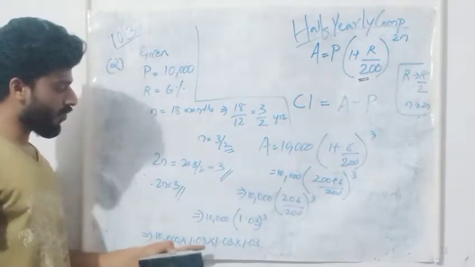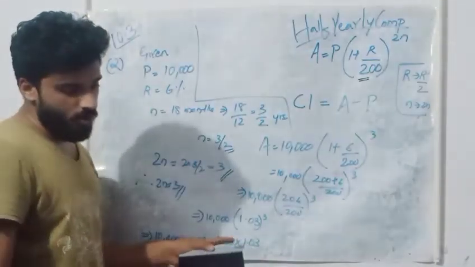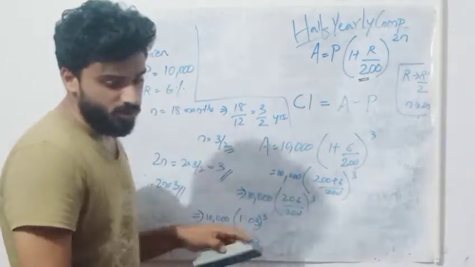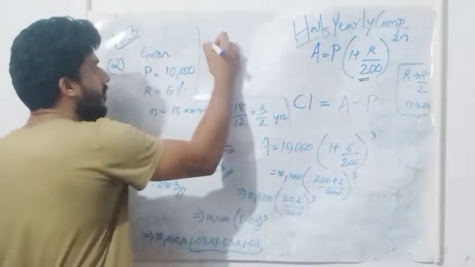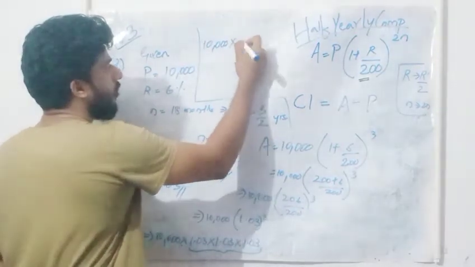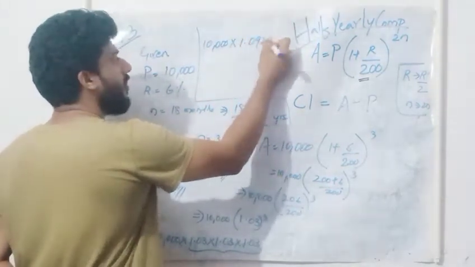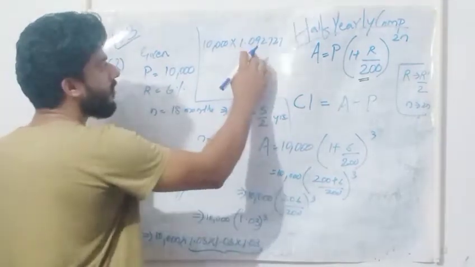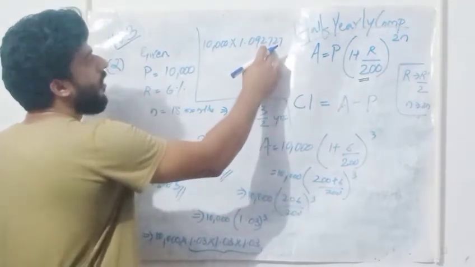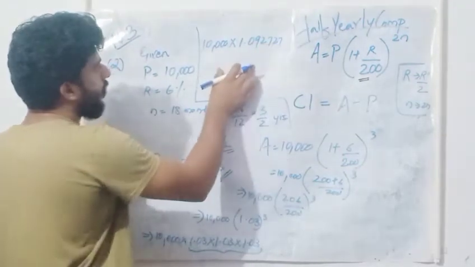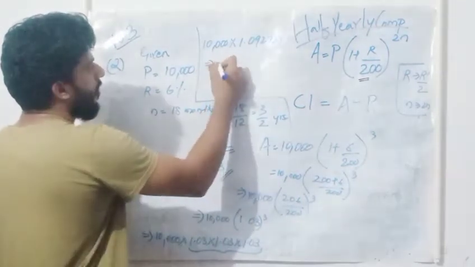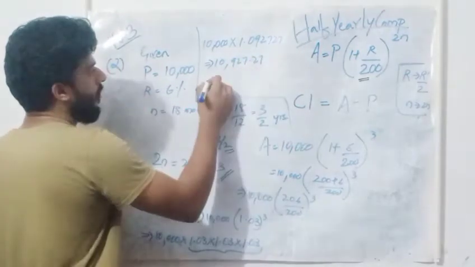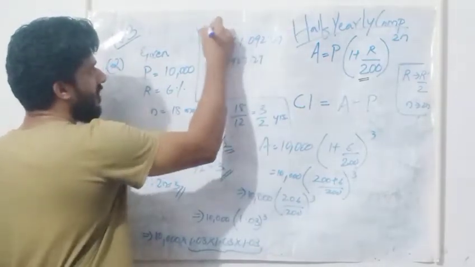First we can calculate 1.03 into 1.03 into 1.03, that will be 1.092727. On doing this, 10,000 into 1.092727 is 10,927.27. So this is our amount.